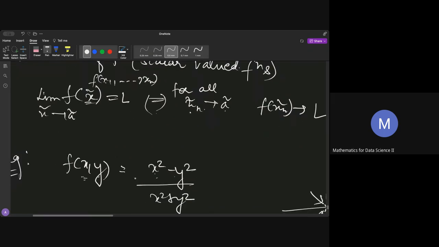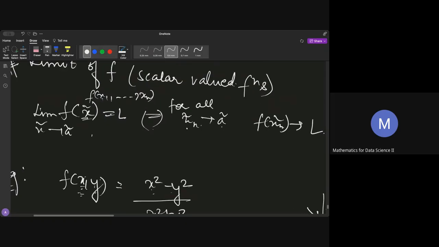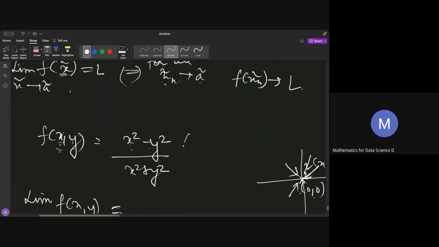Can you compare this function to this thing? Here x tilde is (x,y), because we have n-tuples, but we've only chosen the case of two. This is a scalar valued multivariable function.